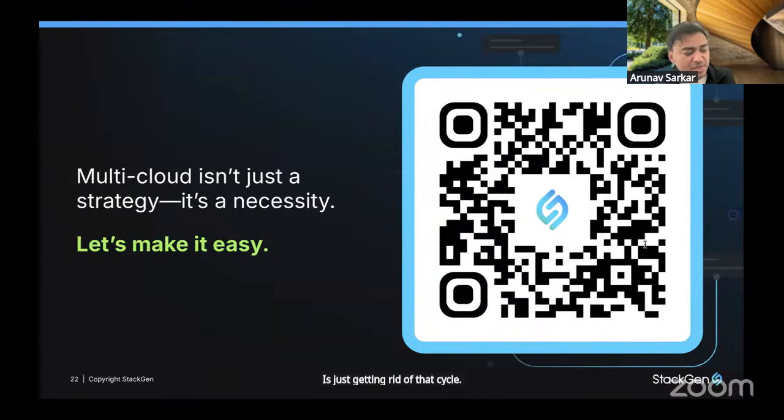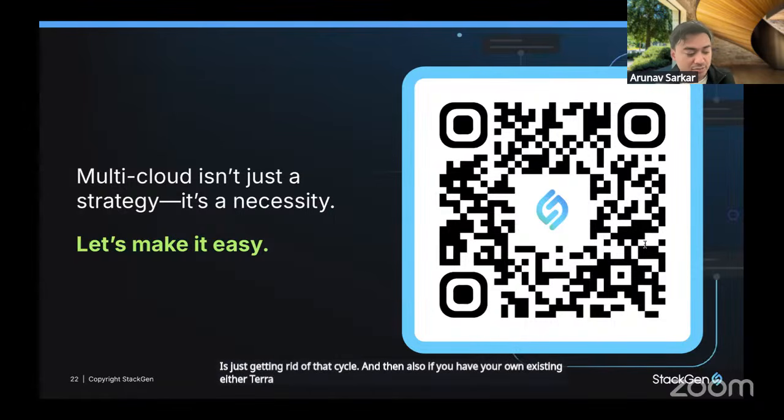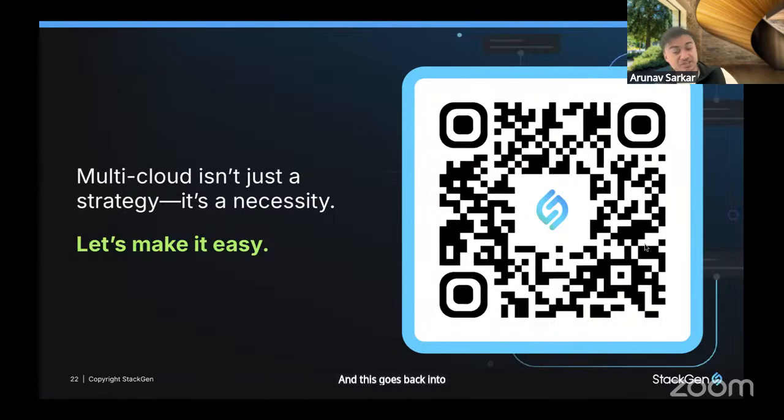And then also, if you have your own existing Terraform, or even if you don't have your own Terraform, right? What StackGen can do is synthesize Terraform IaC in whatever destination cloud you are trying to move into, right? And this goes back to what I talked about, which DBs do you migrate to?